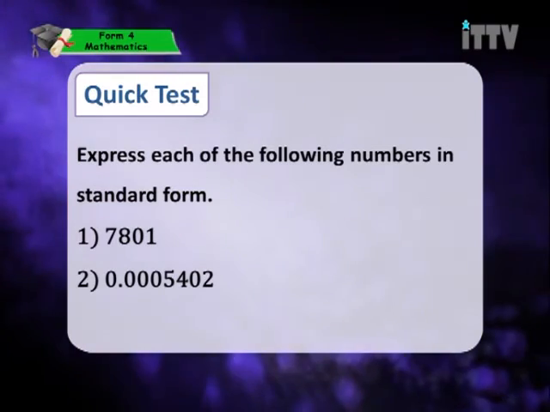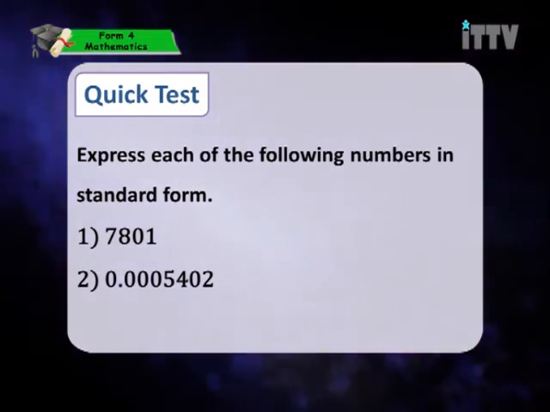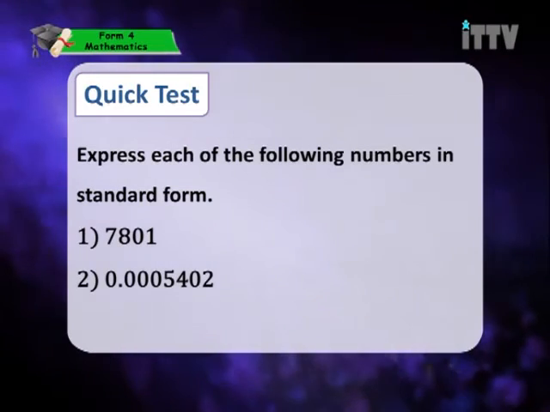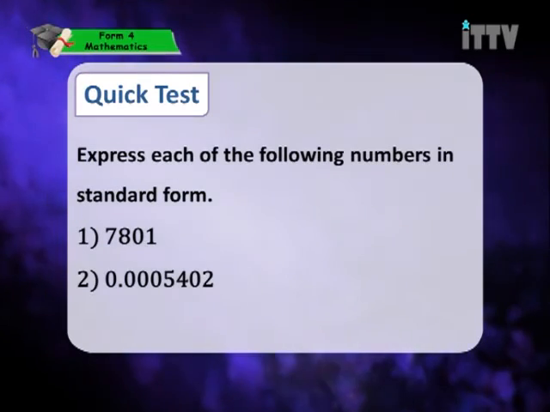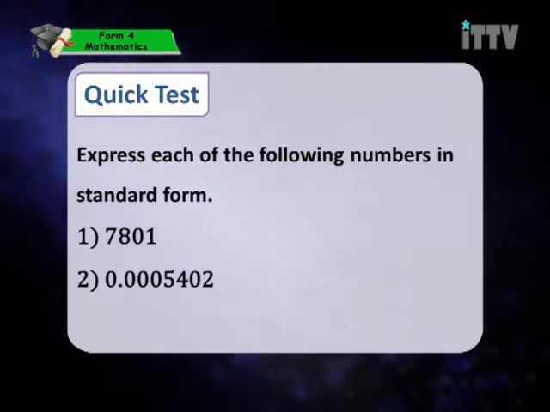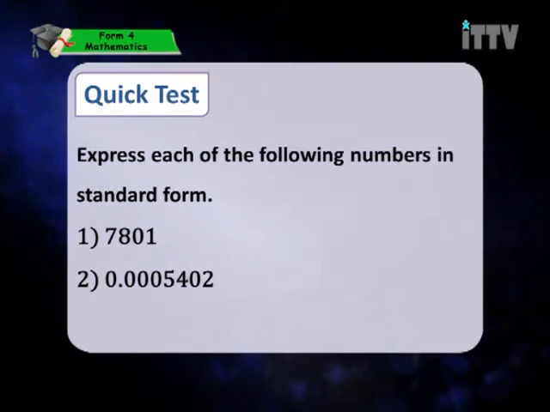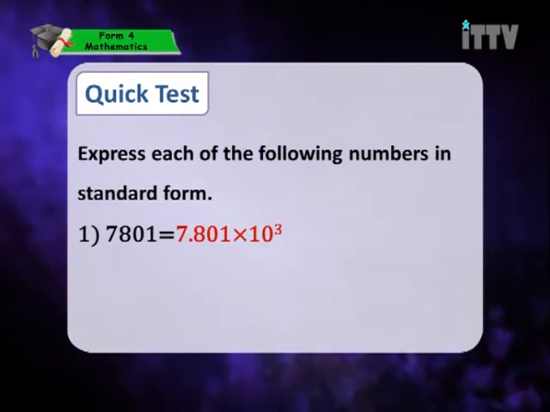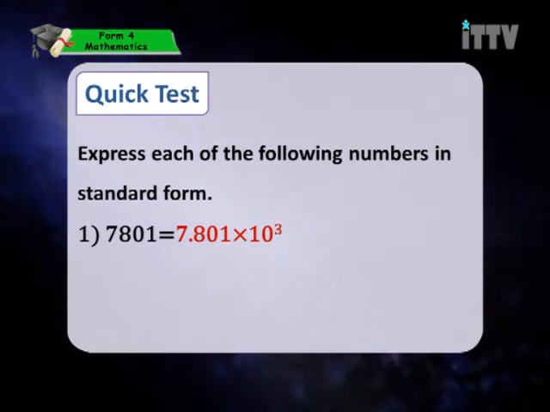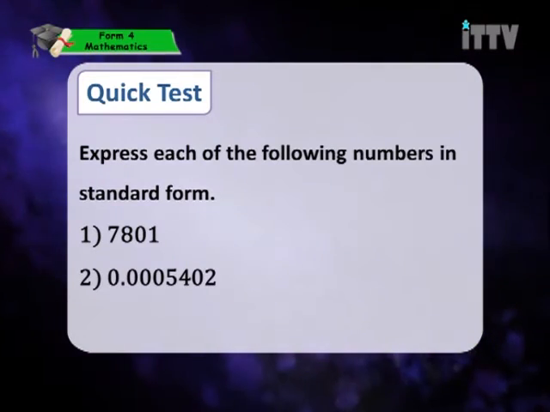Alright, now, why don't you test yourself? Express each of the following numbers in standard form. Number 1. Can you write 7,801 in standard form? It is 7.801 times 10 to the power of 3. 0.0005402.